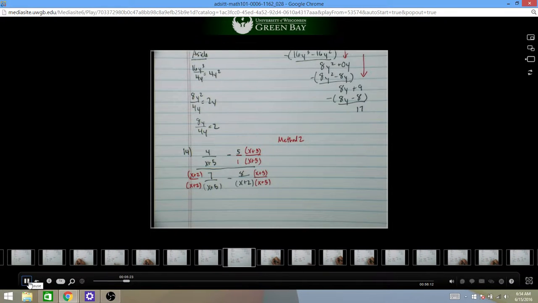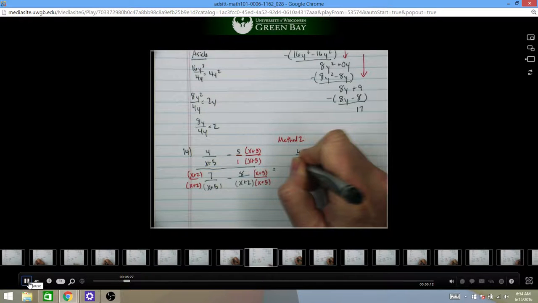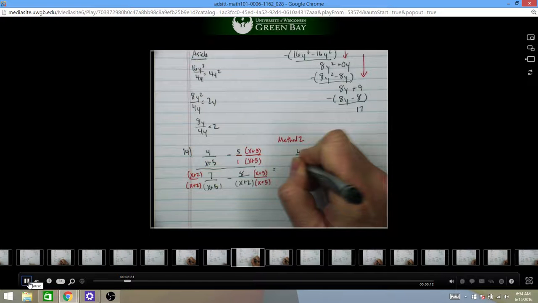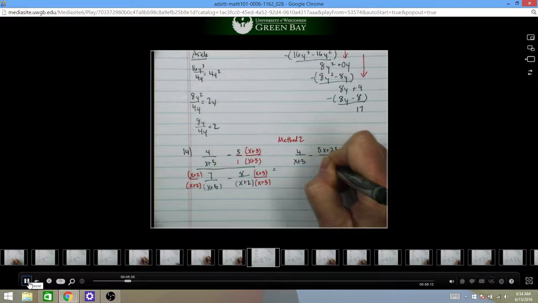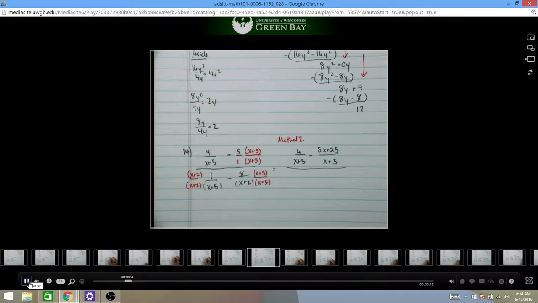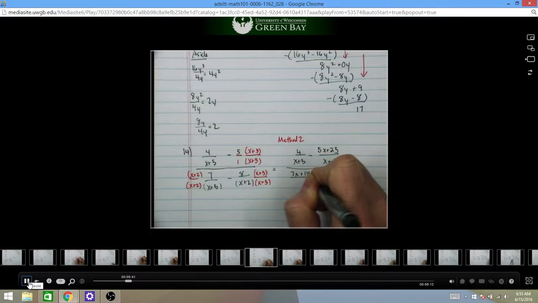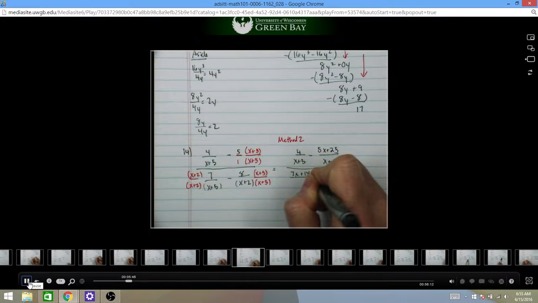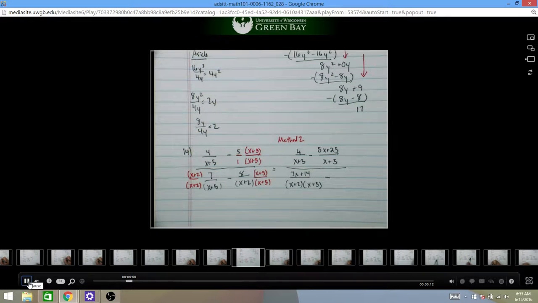We have the 4 over x plus 5 minus, distribute the numerators, so 5x plus 25 over x plus 5. In the denominator, we have to distribute 7, so 7x plus 14. And in the second fraction, distribute the 8, so 8x plus 40.